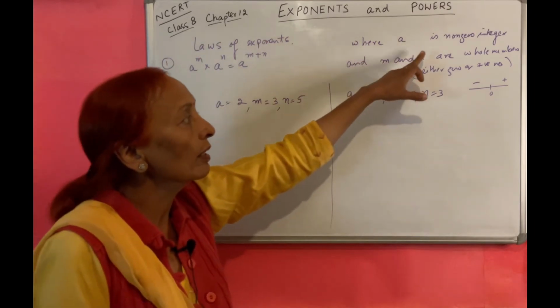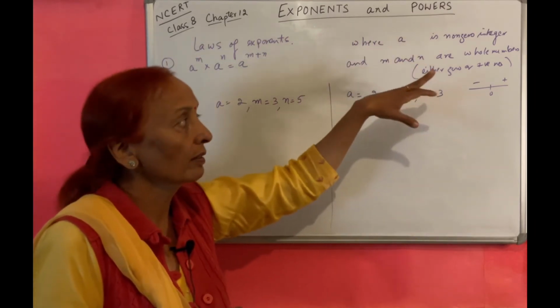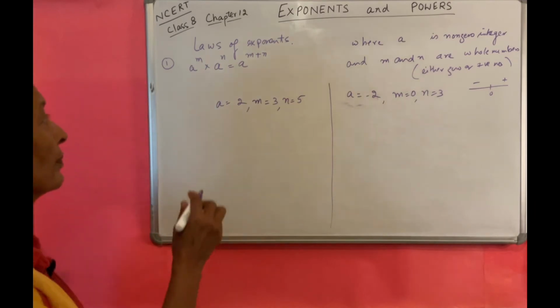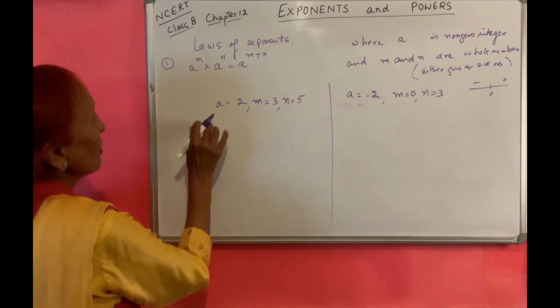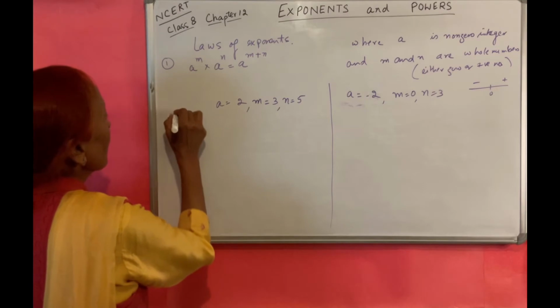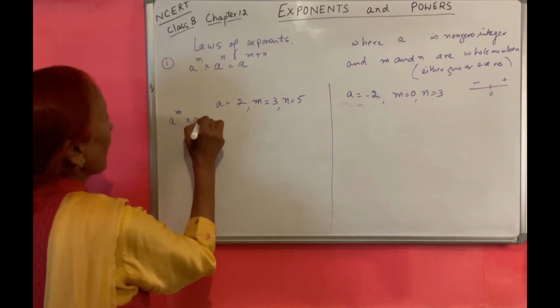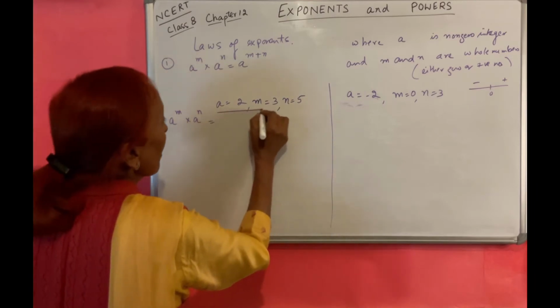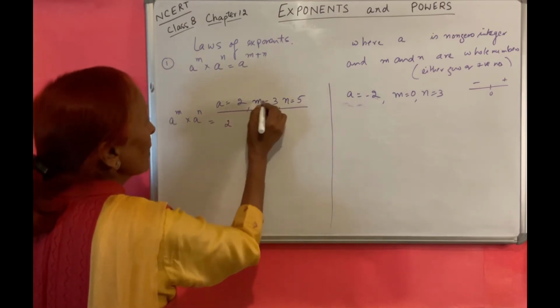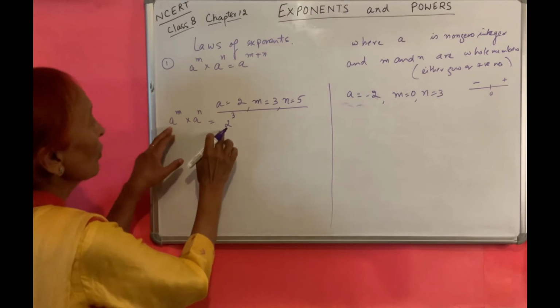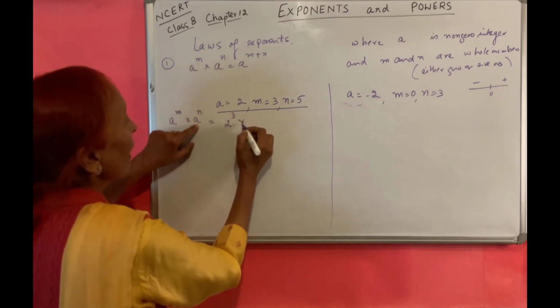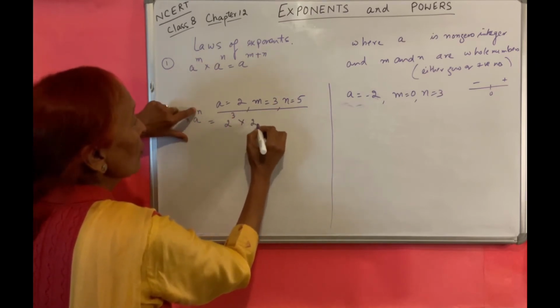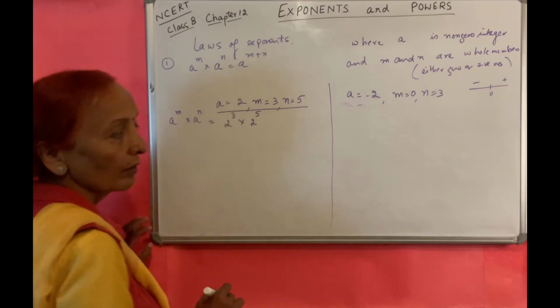ठीक है, दोनों केसेस में if I can show this holds true, means this is true for every these type of numbers। Okay, so first we will start with a raised to power m into a raised to power n. What is a here? A is 2. What is m here? 3. So 2 raised to power 3 into 2 raised to power 5.